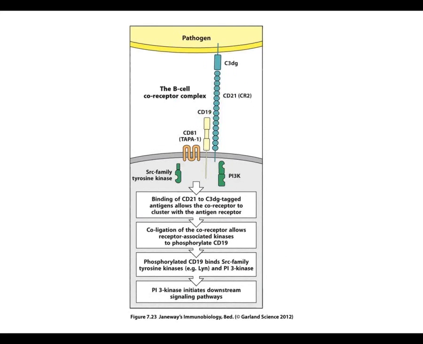Okay, now in the same way, you have a co-stimulator in T cell, you have one on B cell as well, and in this case it's CD21, which is also a complement receptor 2, which binds to C3dg.